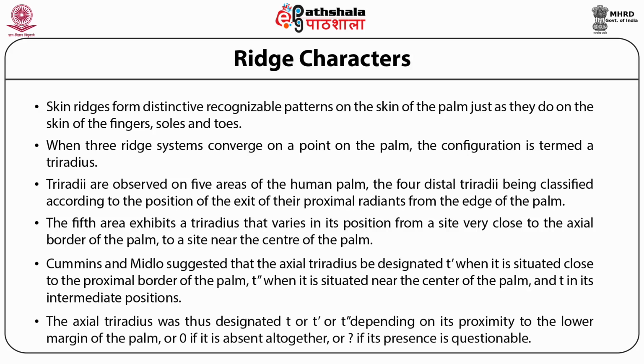The axial triradius was thus designated as T, T dash or T double dash, depending on its proximity to the lower margin of the palm, or 0 if it is absent altogether, or a question mark if its presence is questionable.